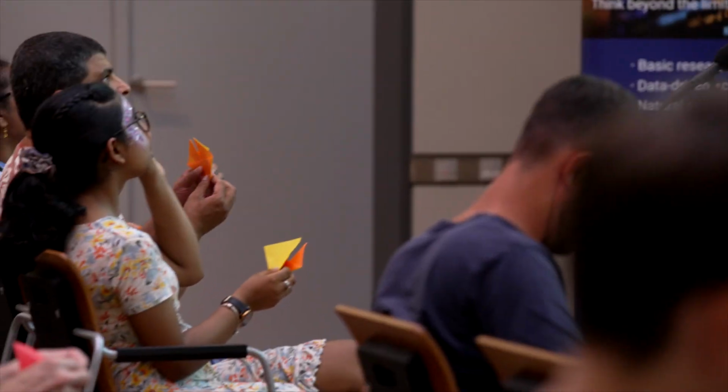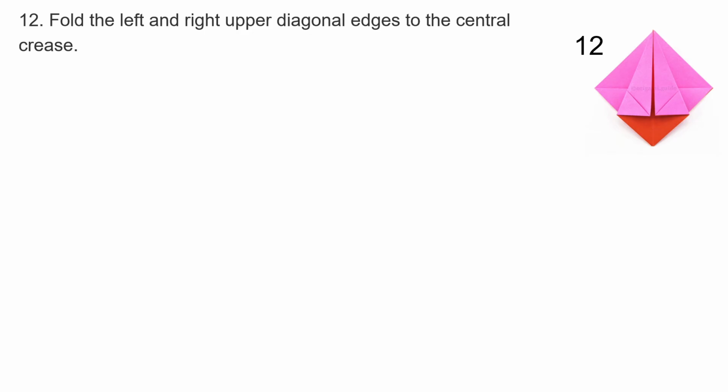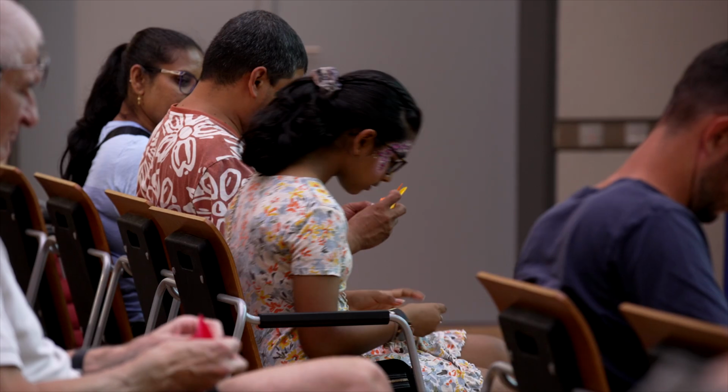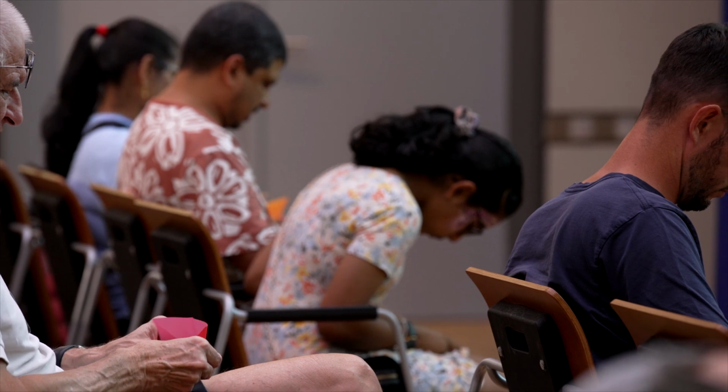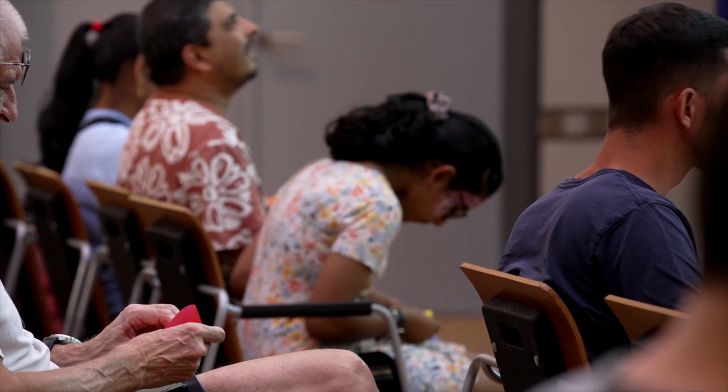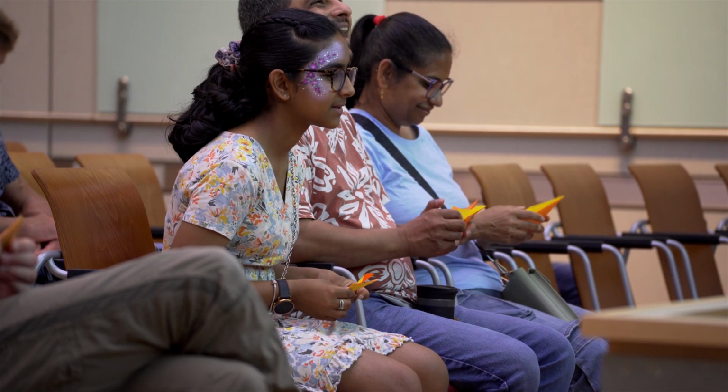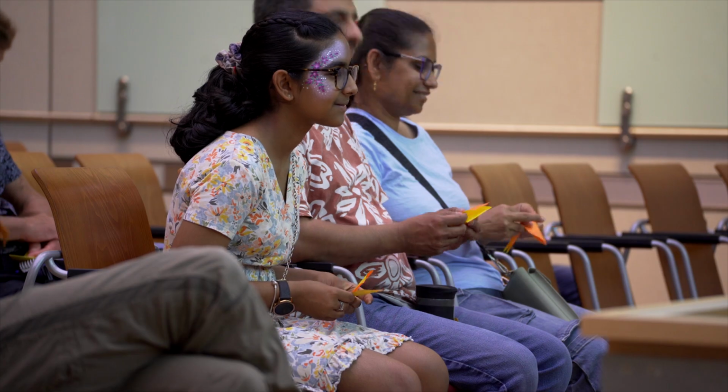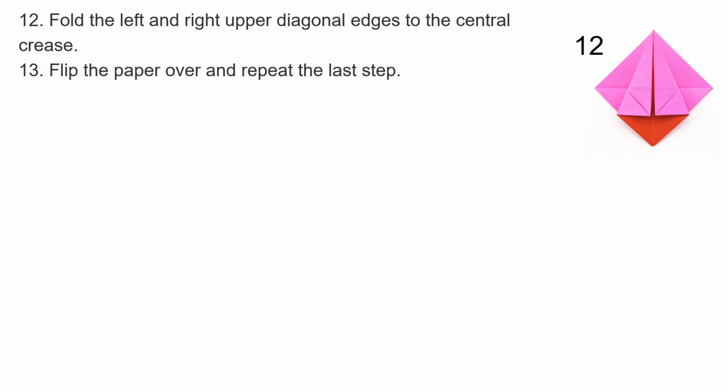Now you fold the left and right upper diagonal edges to the center of the crease. And then you will find number 12. Yeah, I already lost, so I'm just gonna use the one that I made before. Okay, so then flip the paper over and repeat the last step.